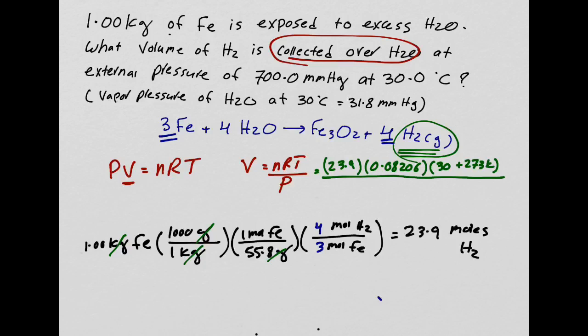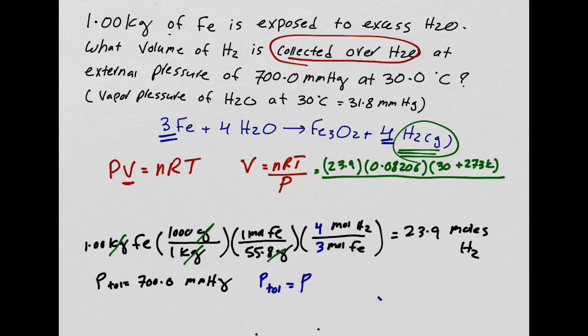Now, here is the other thing you have to think about. The external pressure is 700 millimeters of mercury, okay? So what that means is our total pressure is 700.0 millimeters of mercury. But the key in this problem that is different from the other problem is that it is collected over water. When we collect something over water, the P total is what?